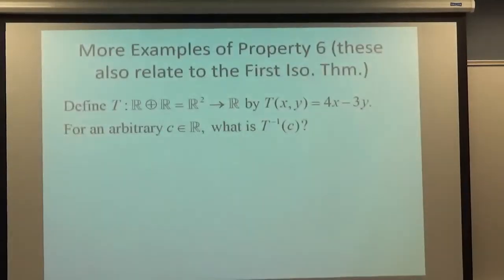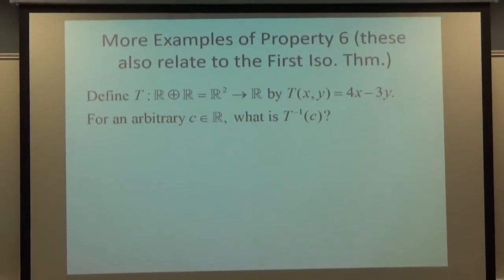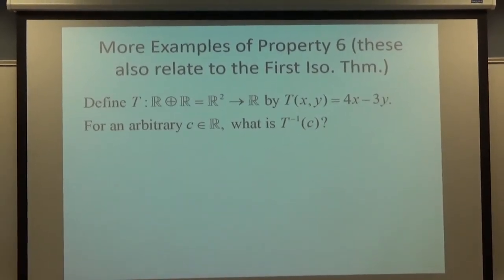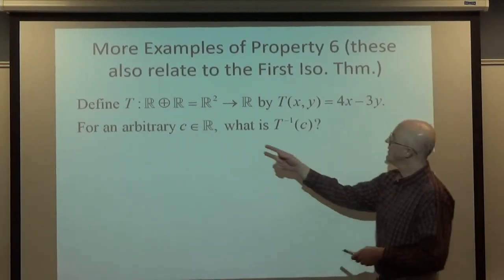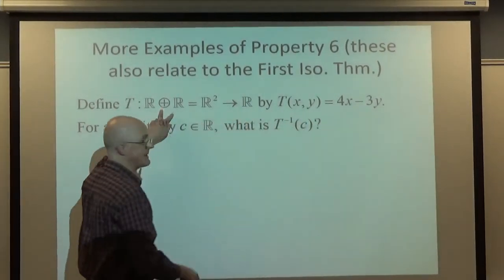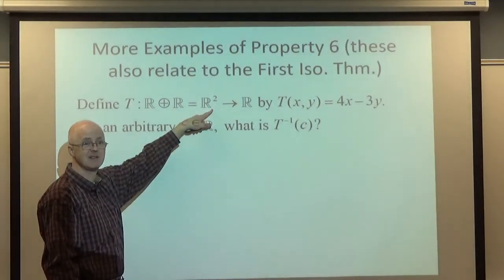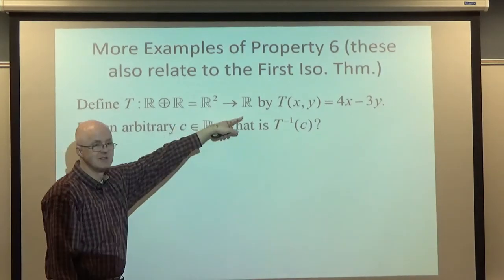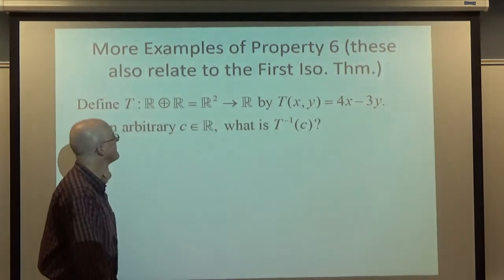We will talk about vector spaces themselves later in the book, but for the moment we're just talking about groups. Define a function from the external direct product of R with itself, which we've typically called R2, like in multivariable calculus, the plane, to R, by this formula.